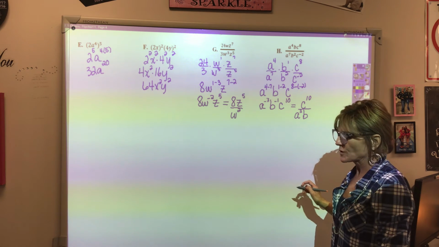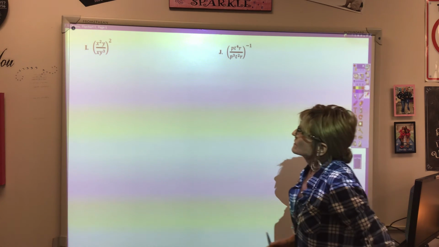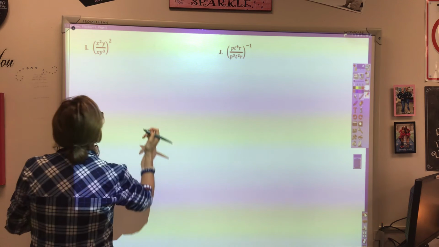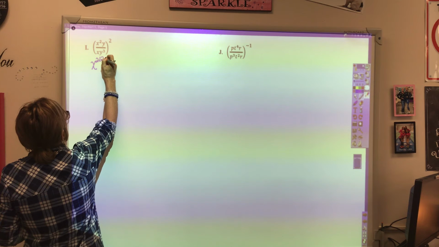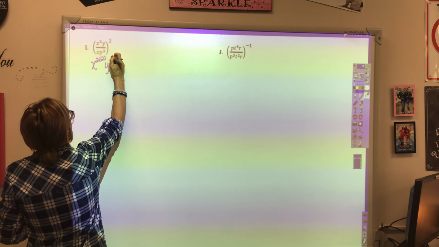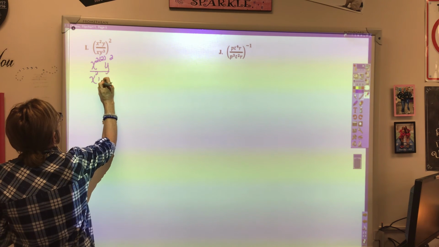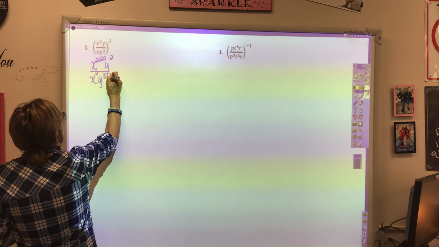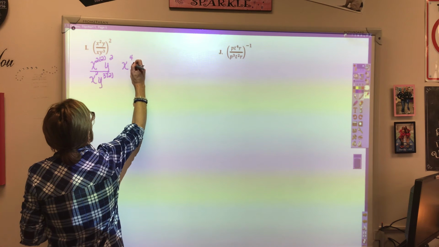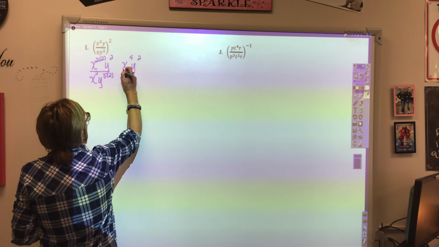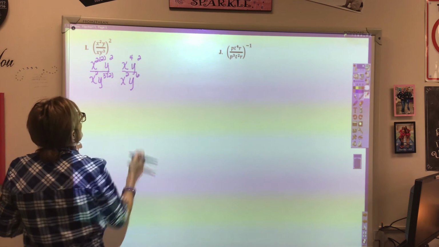Okay, I think I have a couple more on page 1. All right, on I, what you do is you take x squared times 2y squared over x squared, y to the 3 times 2. Simplify here first: x to the 4th, y squared over x squared, y to the 6th.